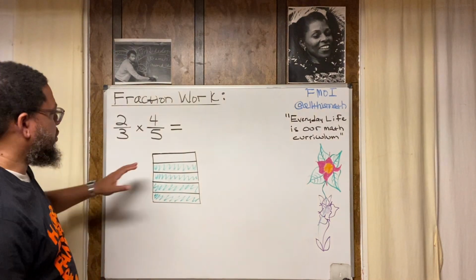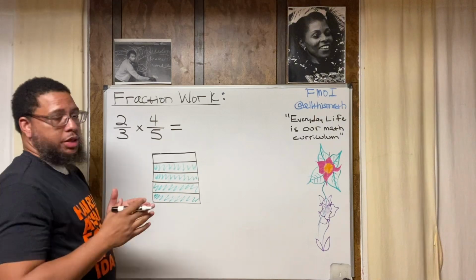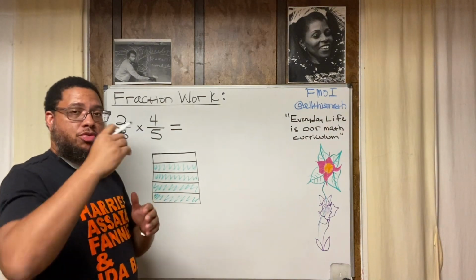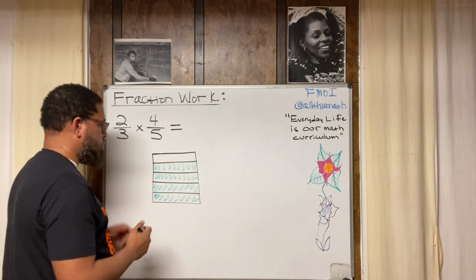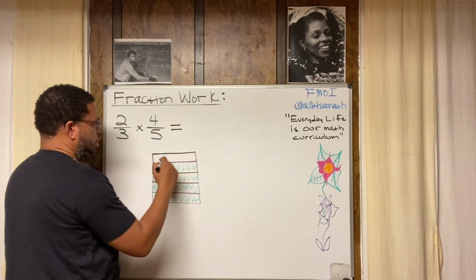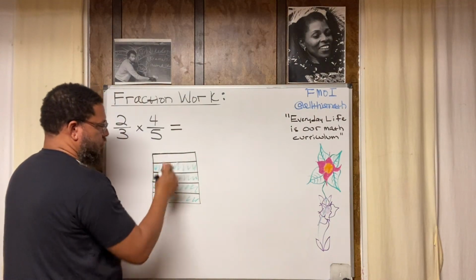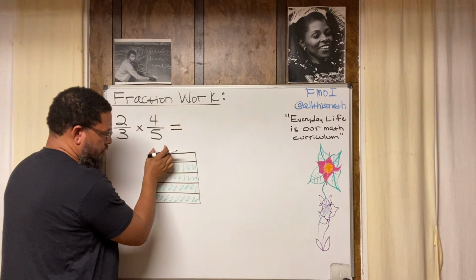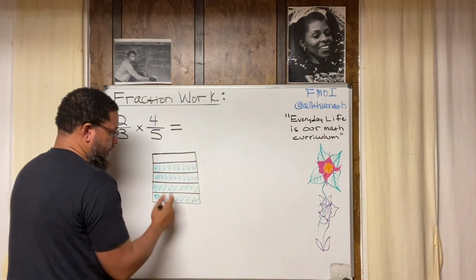All right, so 4/5. Now 2/3. That means we got another object that has 3 equal parts, and we're focused on 2 of those. So I'm going to draw 2 vertical lines to create 3 equal parts, 3 vertical rectangles inside of here.